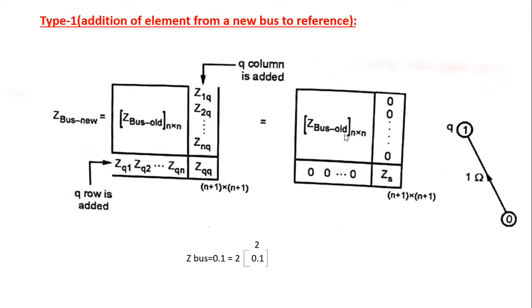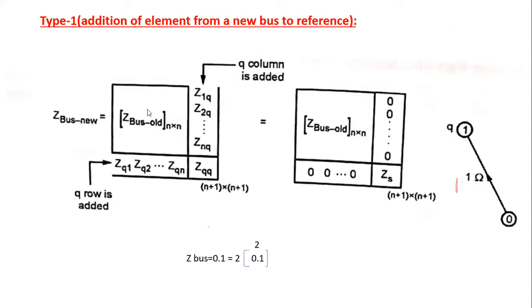There is no Z-bus old matrix, so it is considered as 0, 0, 0, 0. The element added is 0.1. Therefore Z-bus new is equal to 0.1.